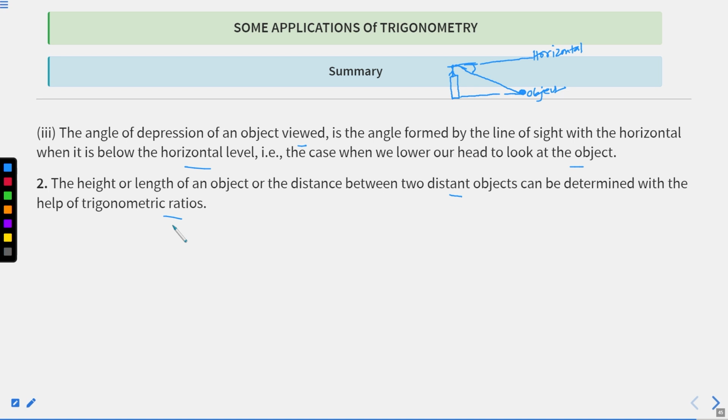Okay, so that we have discussed by some examples, and then we solved some exercises. The trigonometric ratios are like sine, cos, tan, cosec, cot. So basically we have to use a suitable trigonometric ratio for finding distance or height of an object.